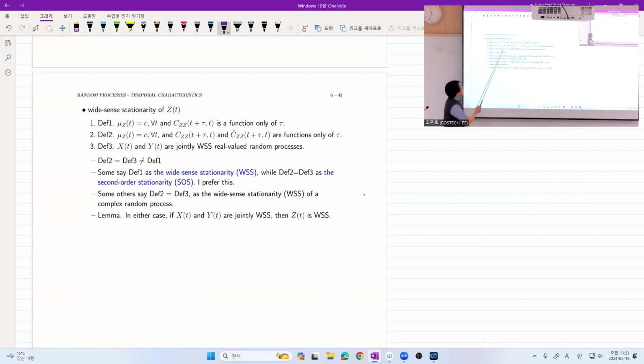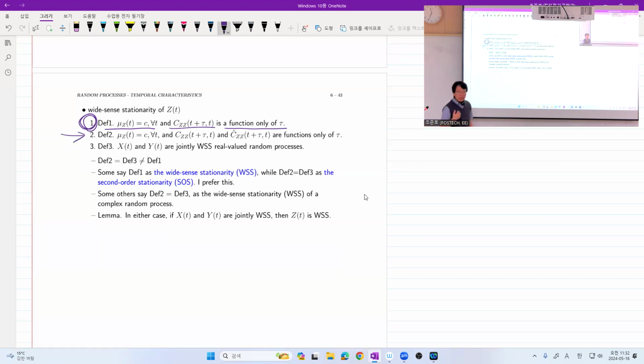So the first definition of Y-sense stationarity of a complex valued random process talks only about the mean path and the autocorrelation function. They say that the mean path is constant for all t, and the autocovariance function or autocorrelation function is a function only of tau. So they did not talk about complementary autocorrelation or autocovariance. So it was somewhat ill-defined.